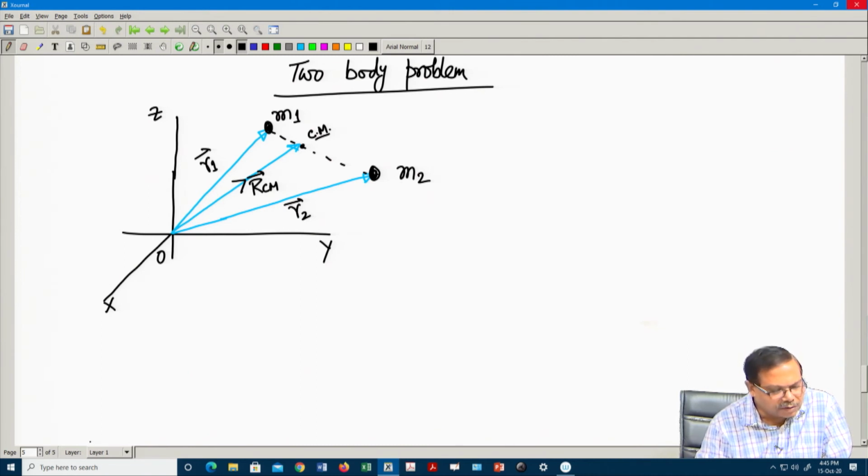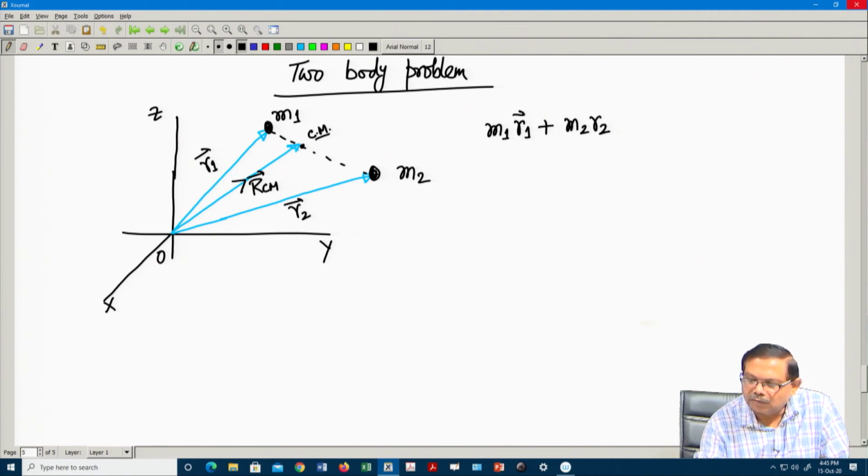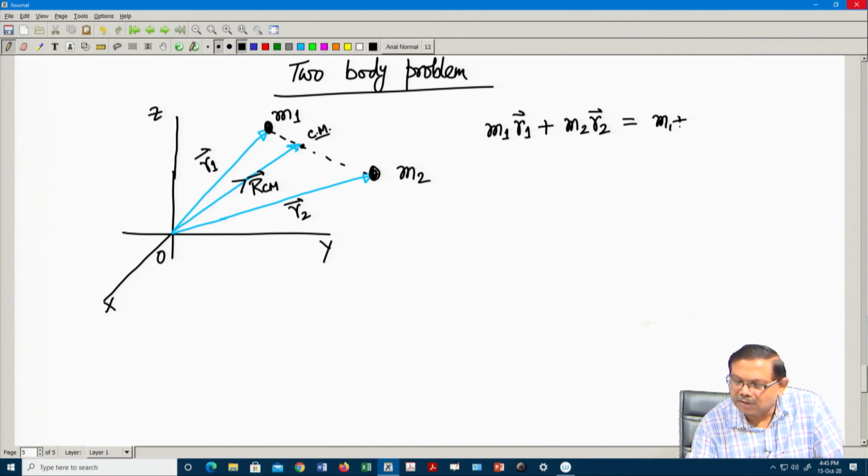So, how is center of mass defined? m1 times r1 plus m2 times r2 must be the sum of the masses, and that is located at RCM.